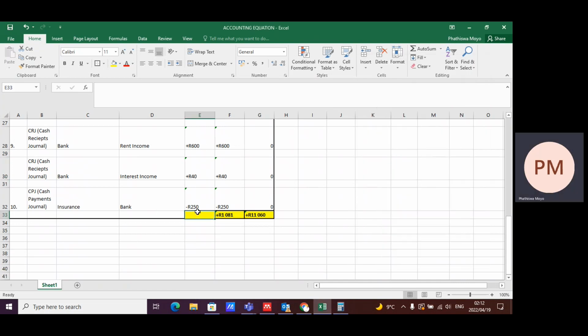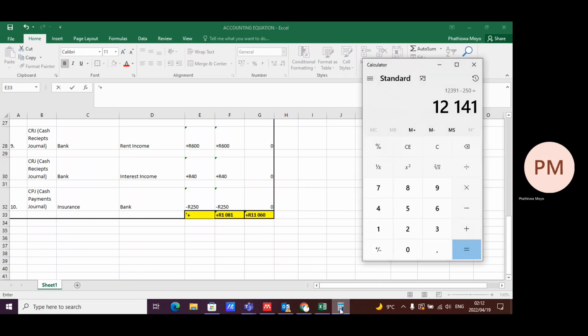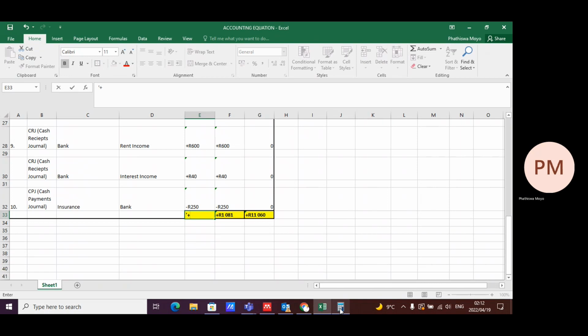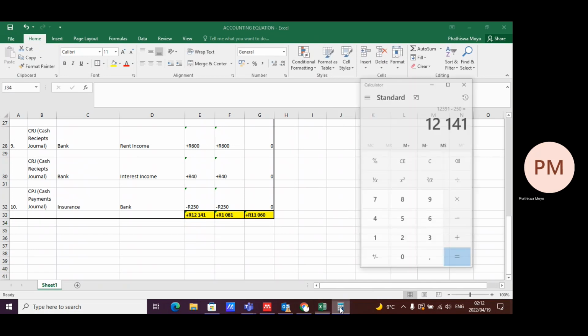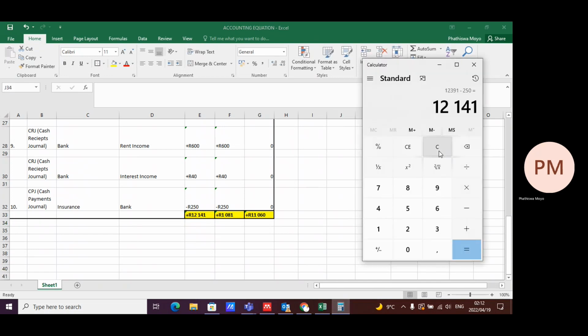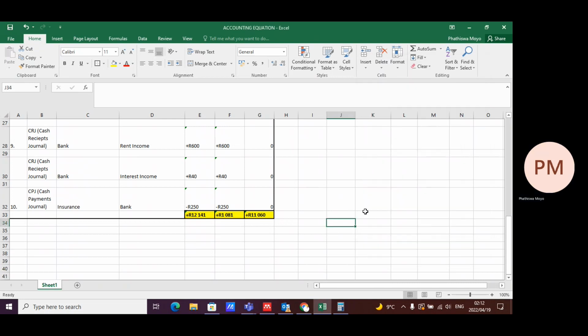Let's see if we are balancing. Yay, we're balancing.